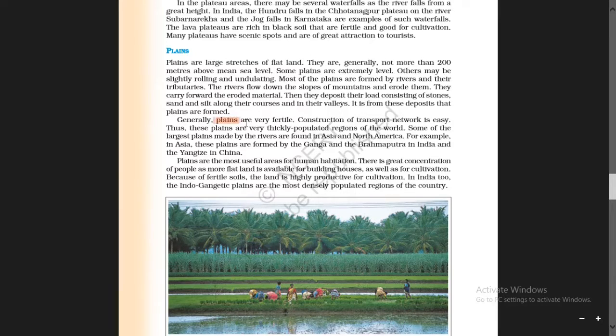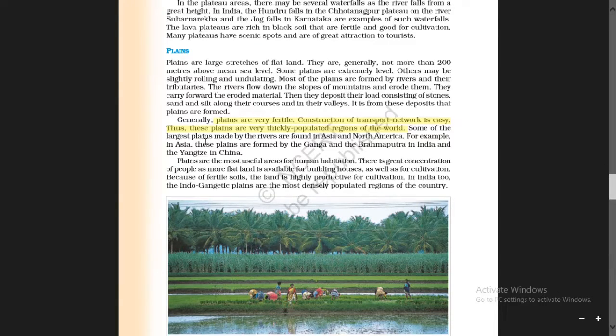The reasons given: plains are very fertile, crops can grow very luxuriantly, and construction of transport network is also easy on the plains. Thus, these plains are very thickly populated regions of the world. Underline these two sentences, boys.